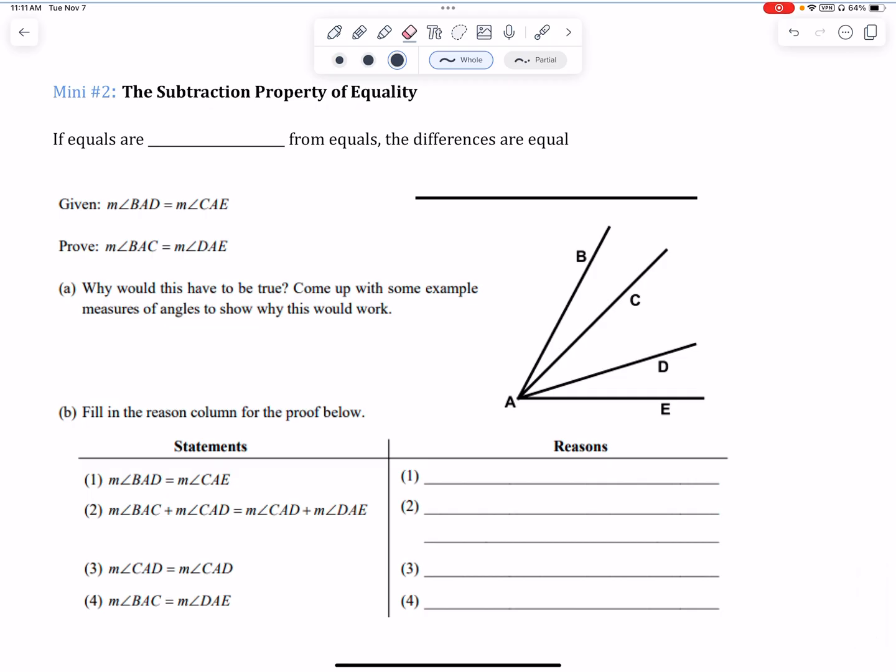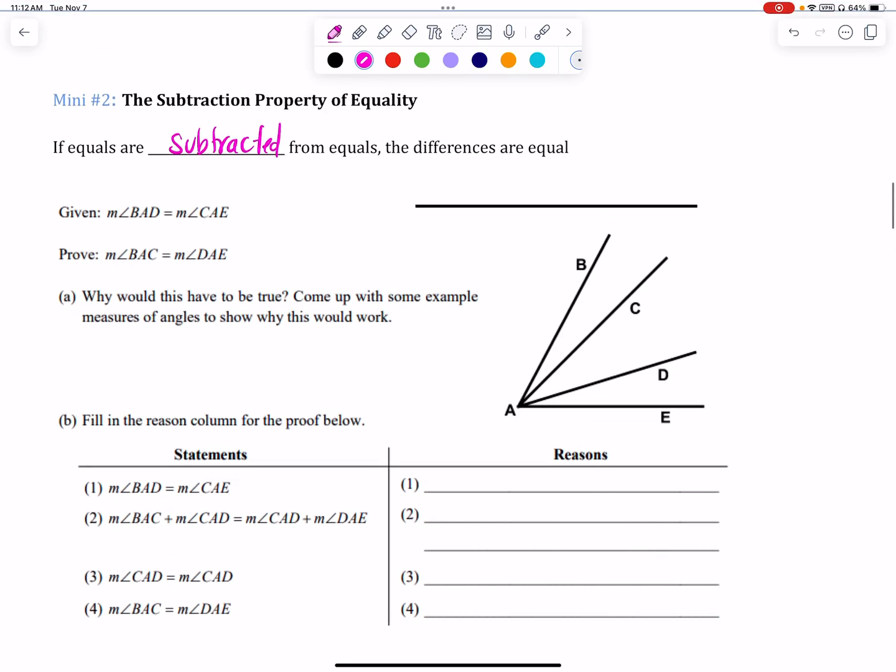Mini number 2, the subtraction property of equality. If equals are subtracted from equals, the differences are equal. So let's try to apply this property with angles. Given measure of angle BAD, I saw someone trace the angles and then put the arcs.